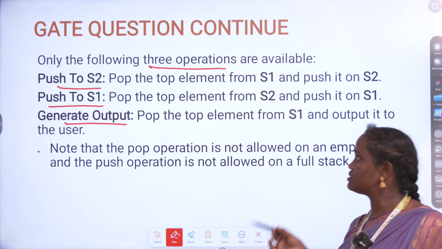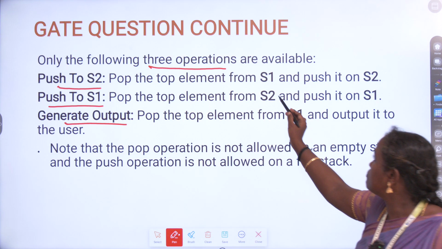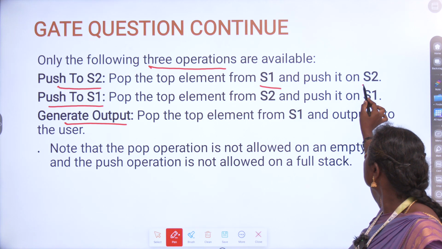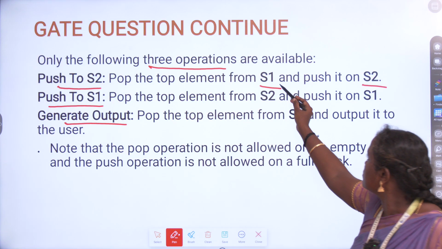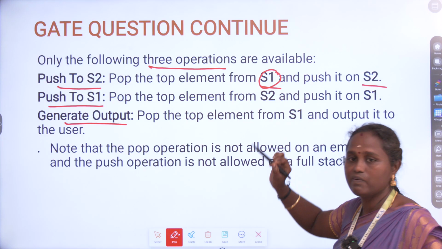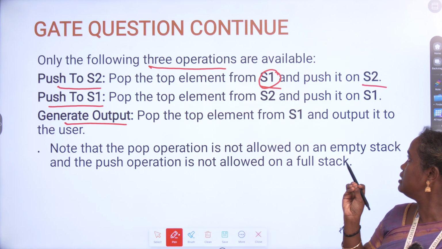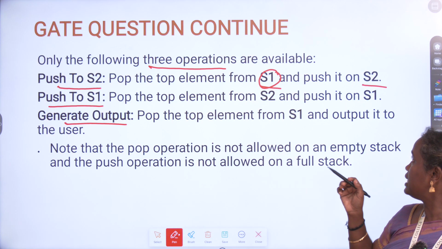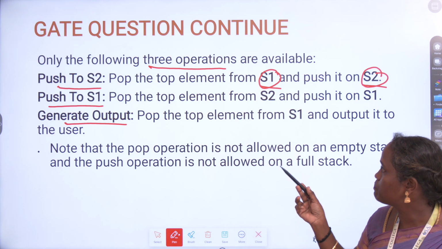In the first operation, push to S2 means pop the top element from S1 and push that onto S2, which means from stack S1 we have to pop the topmost element and push that element onto the stack S2, right? So that is push to S2.